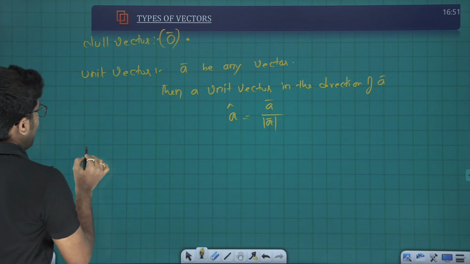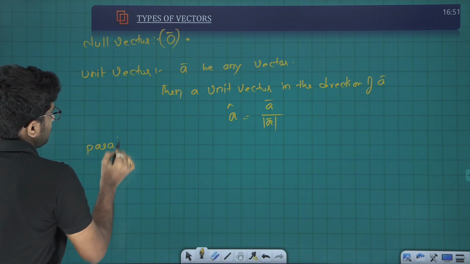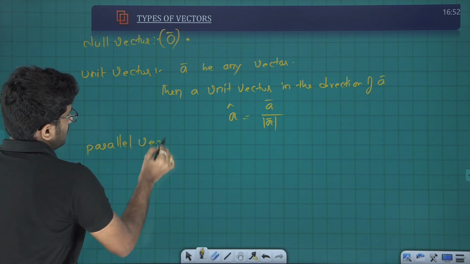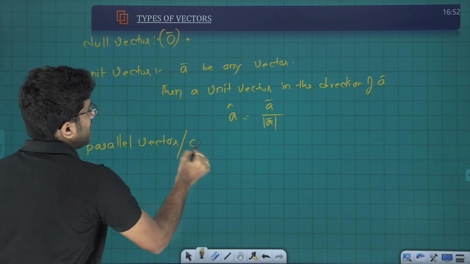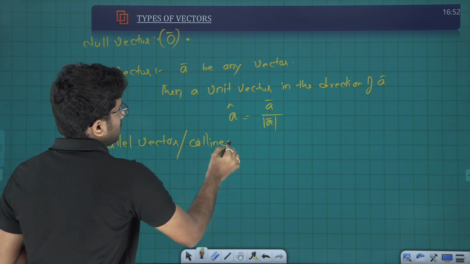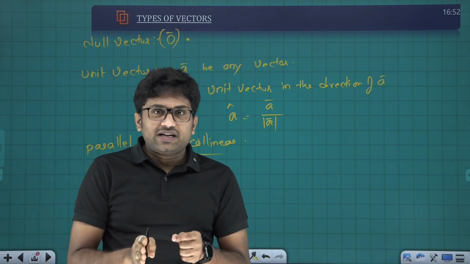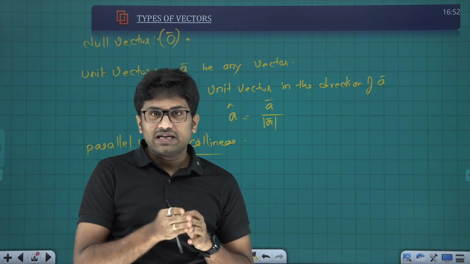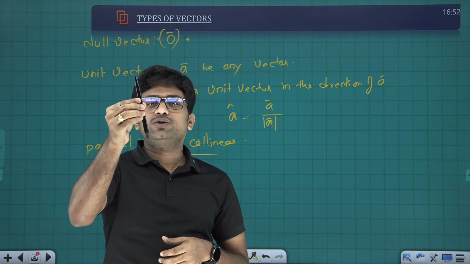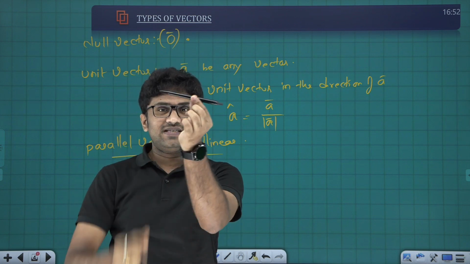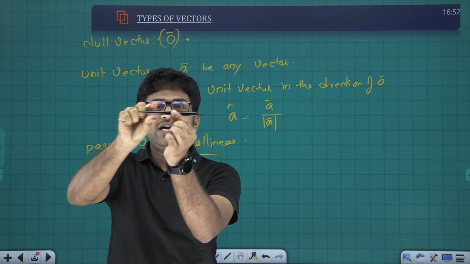Next, parallel vectors, collinear vectors. In complete vectors, we will be going with only free vectors. Free vectors means they are easy to translate. Let's say this is some AB bar. A bar is any vector.